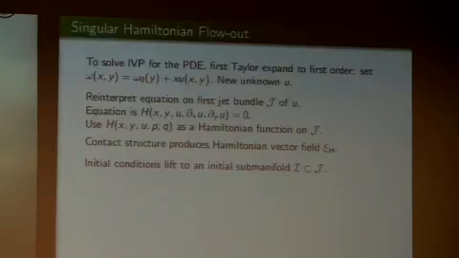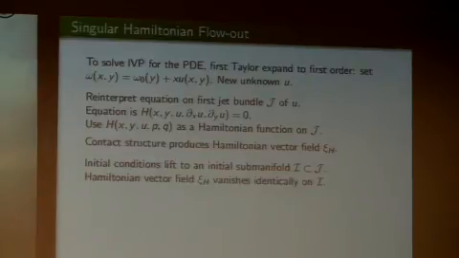The initial conditions lift to an initial submanifold. The initial conditions are in the xy space, but you have the initial values, those determine the tangential derivatives, and then the transverse derivative is given to you by the equation, and that gives you a lift to the first jet bundle. Looked at this way, the fact that we've got a characteristic problem says that the Hamiltonian vector field vanishes identically on the initial submanifold.